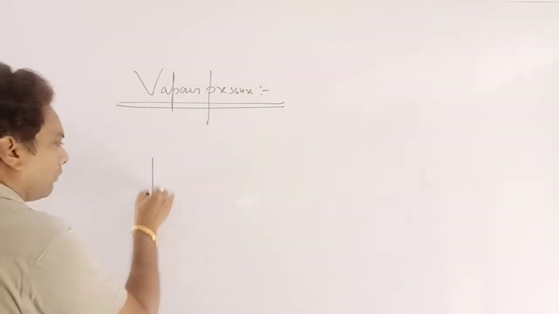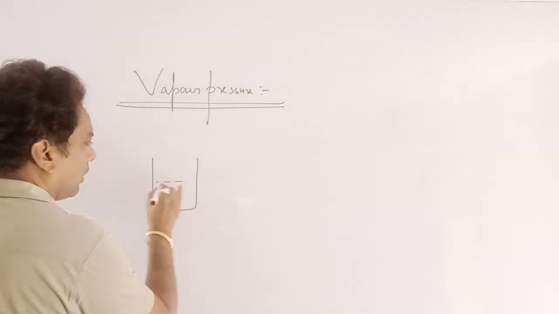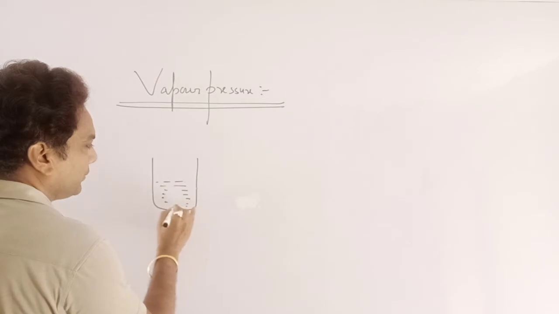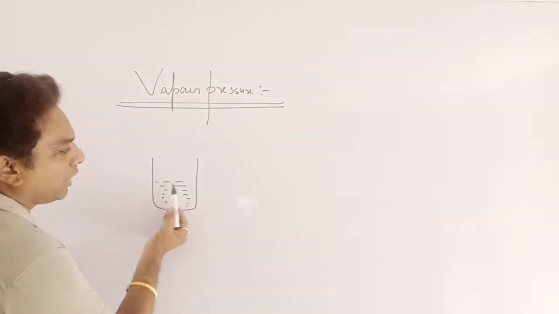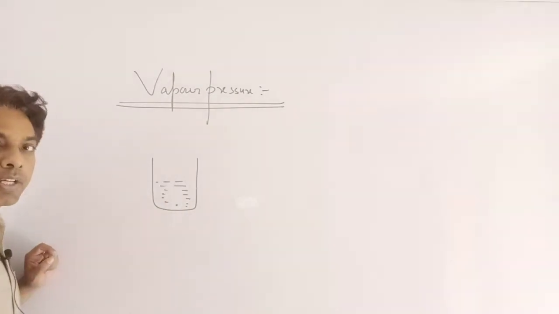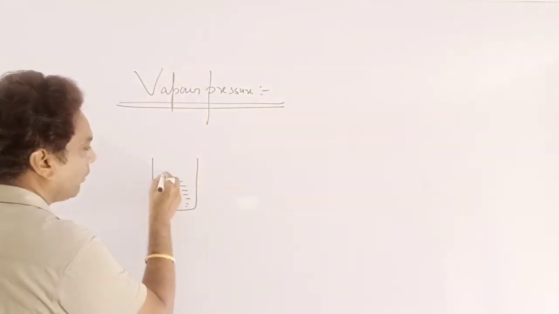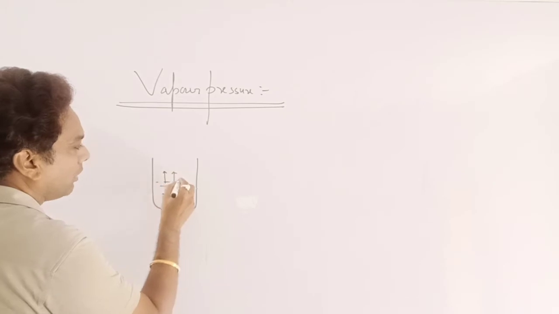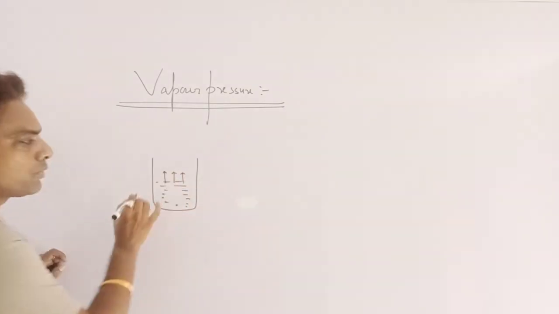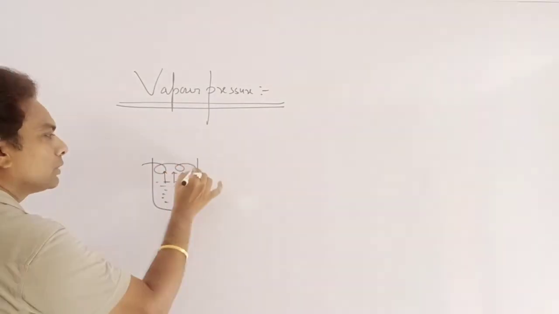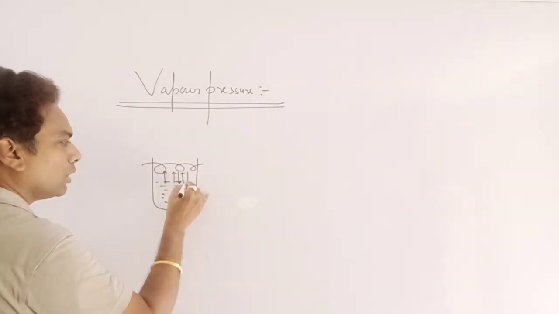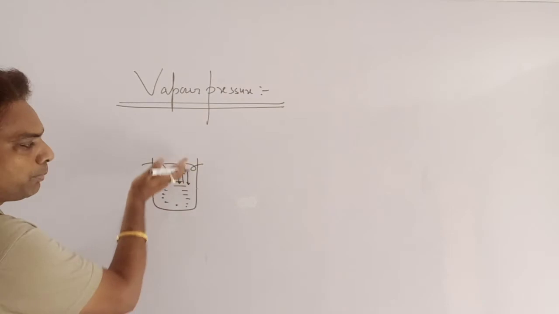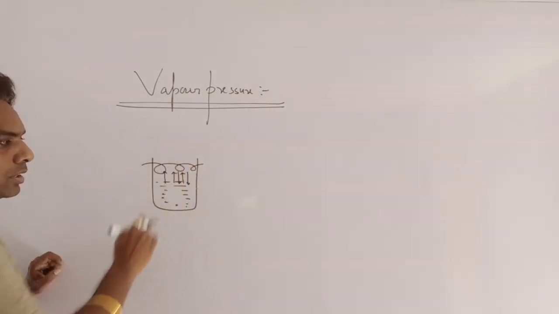Suppose we take a pure solvent, then some solvent particles whose kinetic energy is greater than the average kinetic energy will be vaporized and go to the atmosphere, and due to the atmospheric pressure they will further condense and mix into the pure solvent.